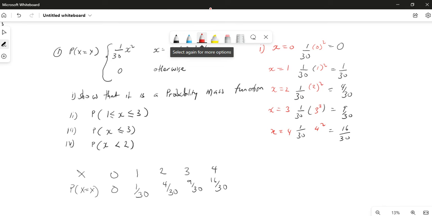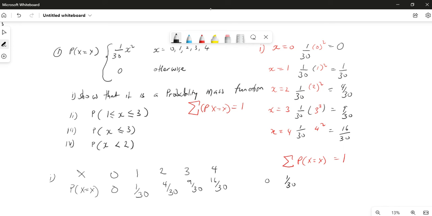So we've already shown that it is a probability mass function, because if something is a probability mass function, the key is the summation of the probabilities must equal 1. And when you add these, they're all going to equal 30 over 30, which gives us 1. So we've done part 1. All right. So you show it like this: summation of the probabilities.